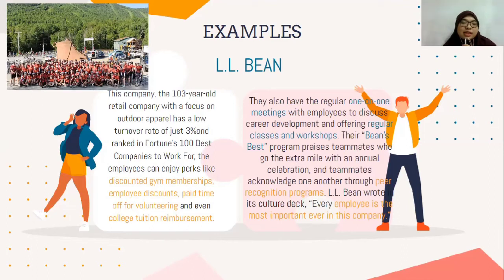The employees can enjoy perks like discounted gym membership, employee discounts, paid time off for volunteering, and even college tuition reimbursement. Apart from that, this company also has regular one-on-one meetings with employees to discuss career development, and they also offer regular classes and workshops.